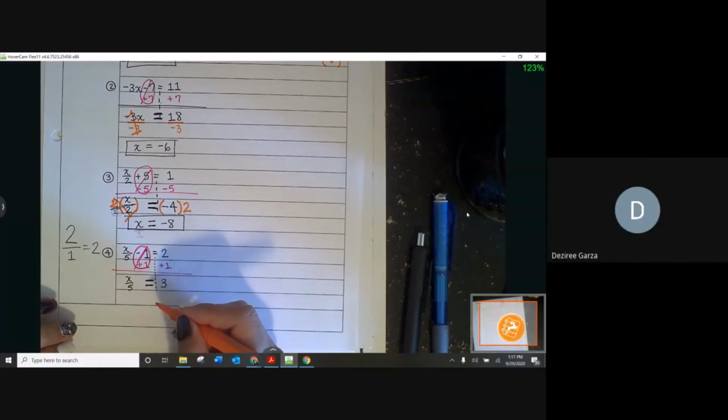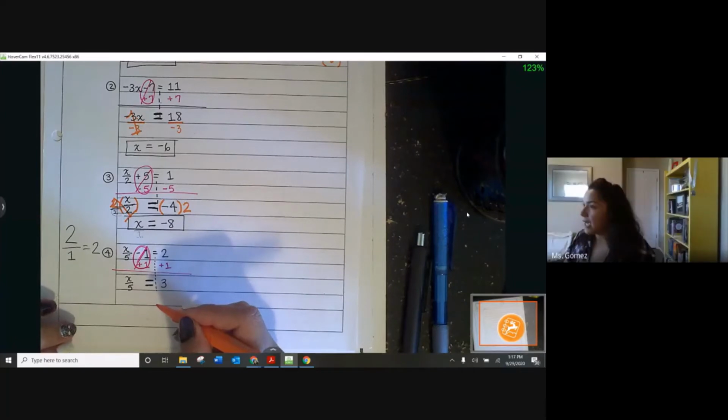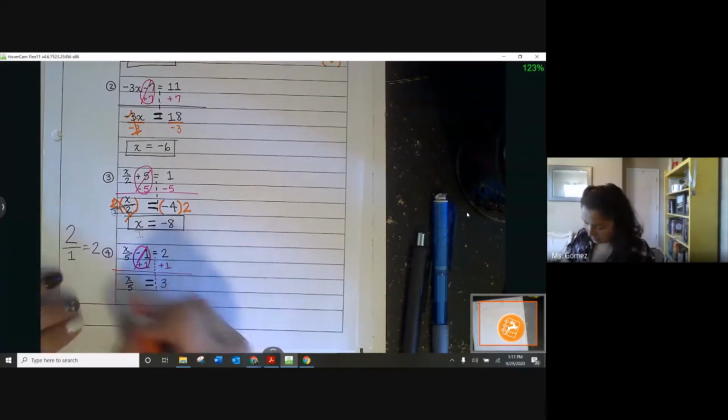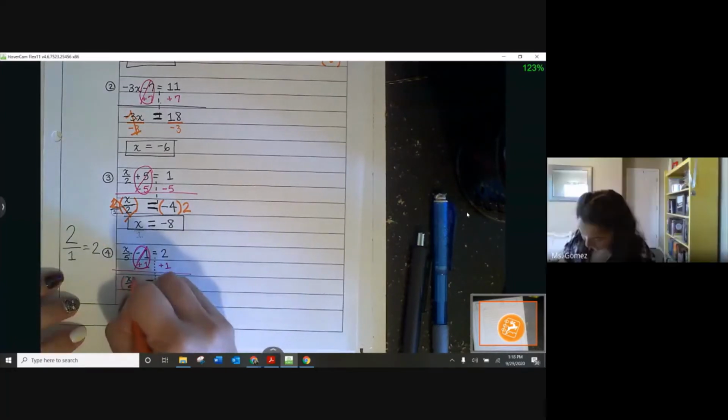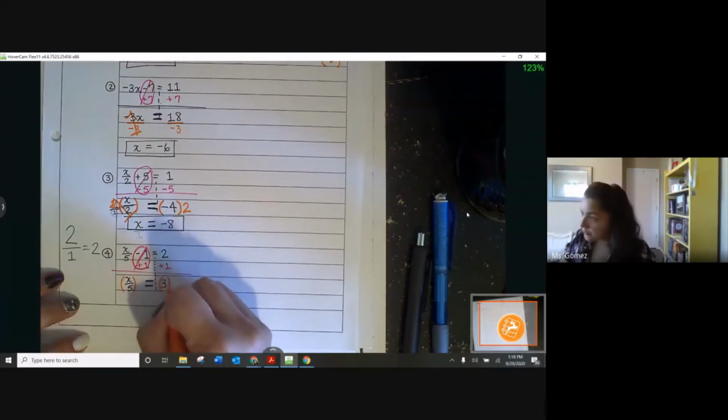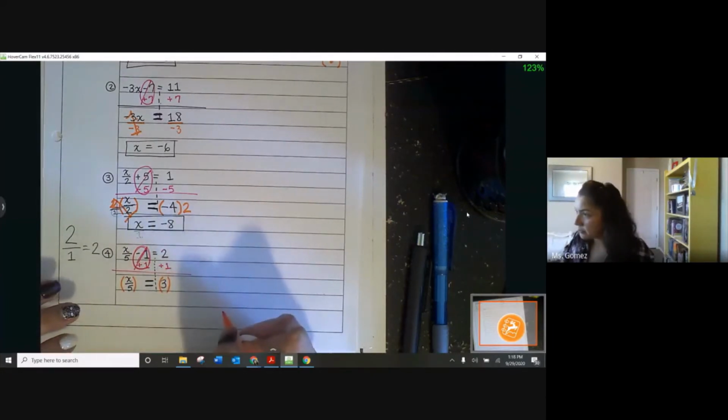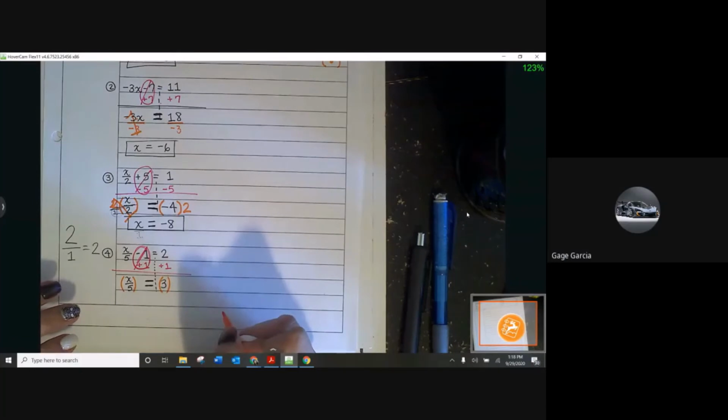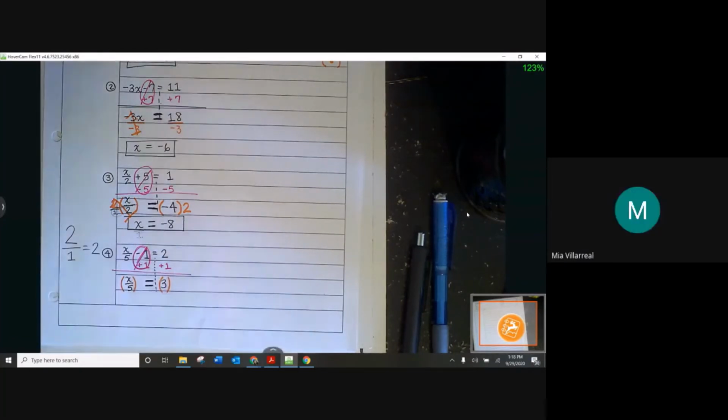You have to multiply them both by 5. Perfect. Why did you choose 5? Because x has to be by itself, and 5 can help it reduce.